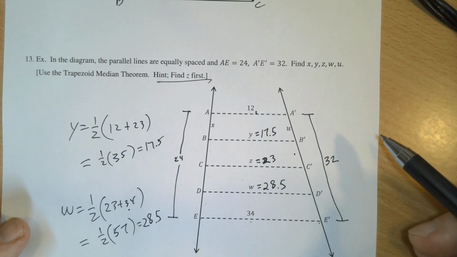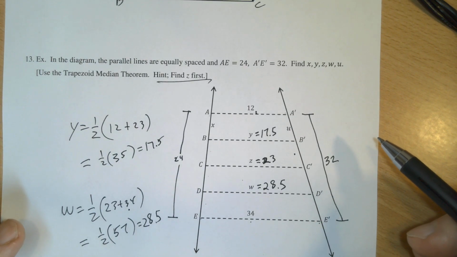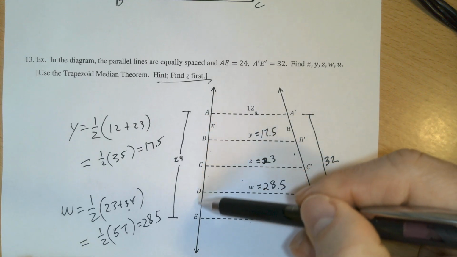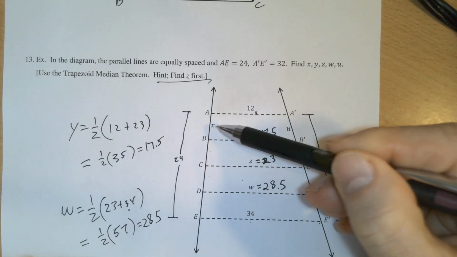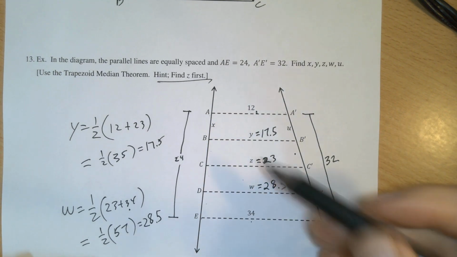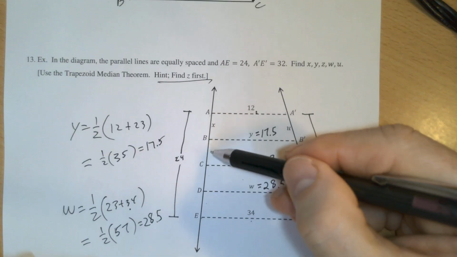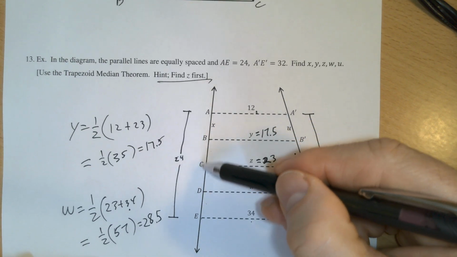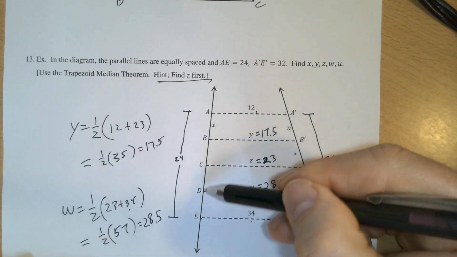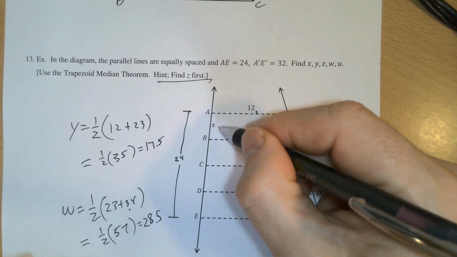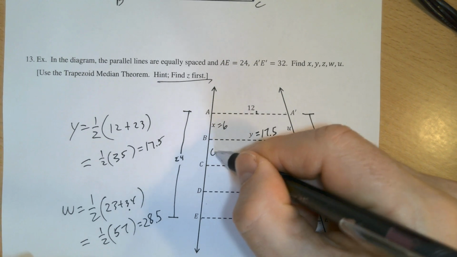Okay, so now we know that this is 24, and these are equally spaced, so 1, 2, 3, 4. If this whole thing is 24, then this has to be 24 divided by 4, so x is equal to 6.